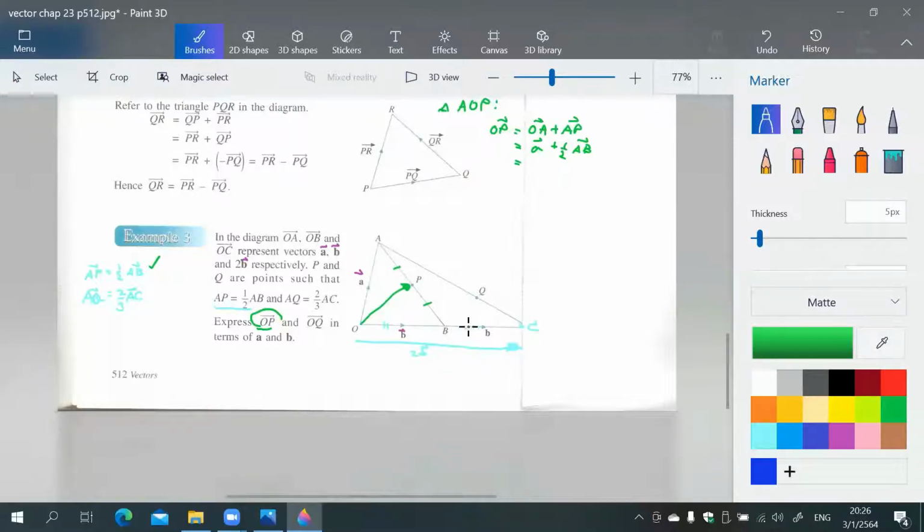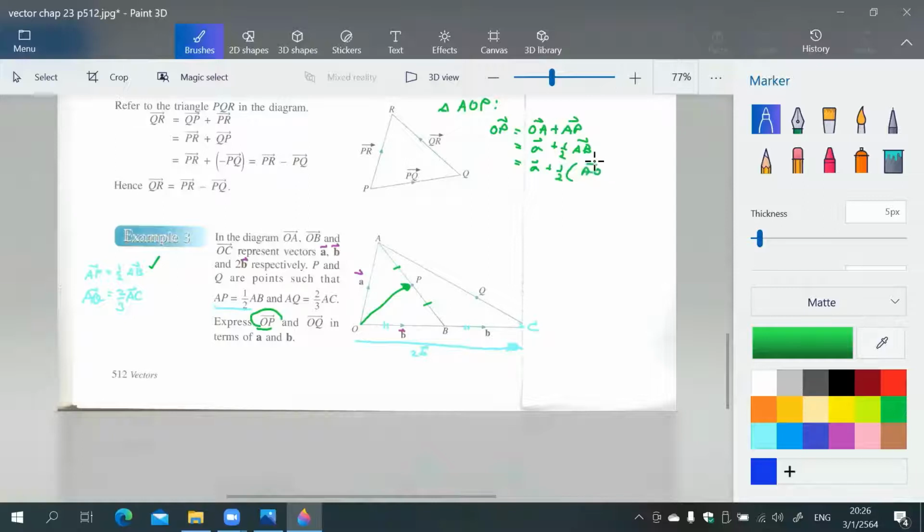If you use ABC, you can also, because we know vector BC and we know AC, because we know AQ, then we also know QC. But I use this one, it's better. So I use triangle ABO. So I have vector A plus 1/2 A. I use this one: AO plus OB.